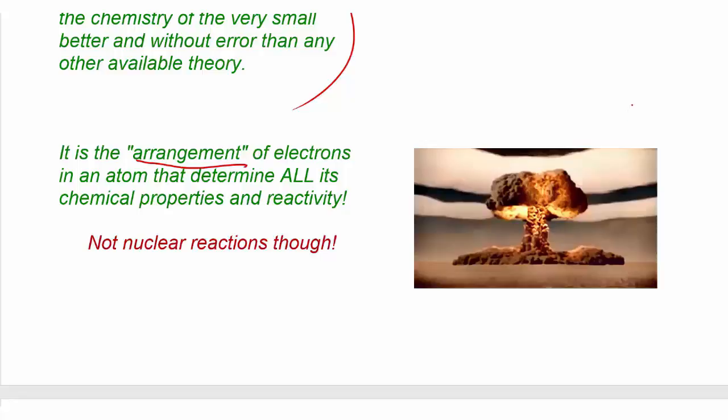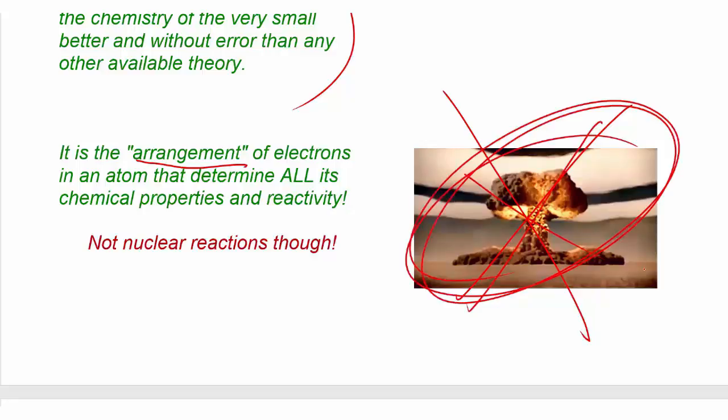Now, not this type of property though. This is a nuclear explosion. This is nuclear chemistry. Actually, the nucleus is undergoing a reaction. So we're not talking about nuclear chemistry.